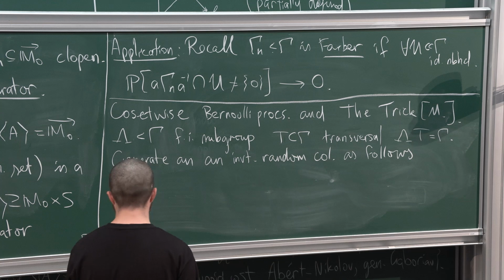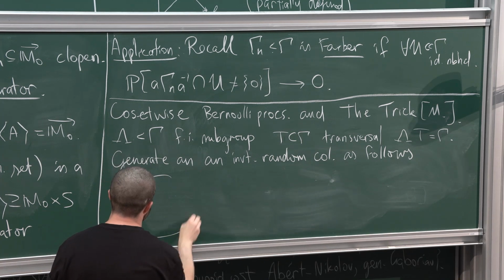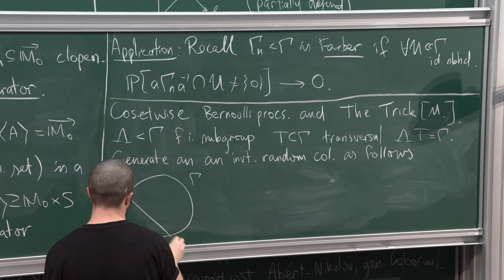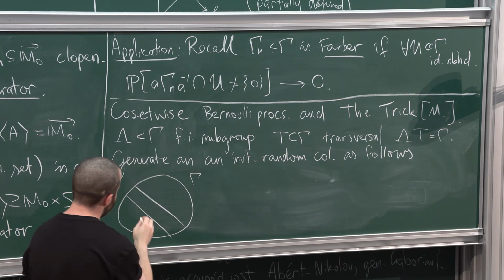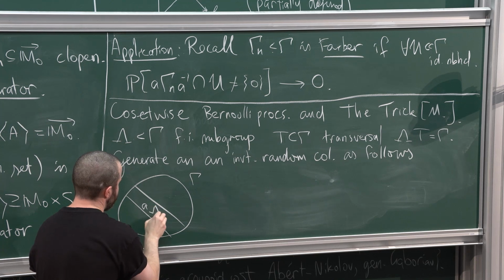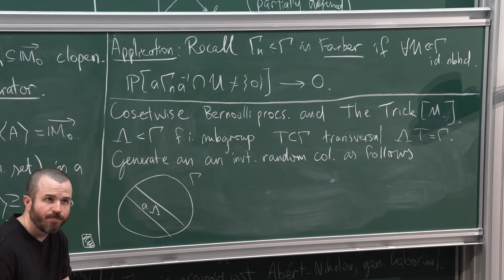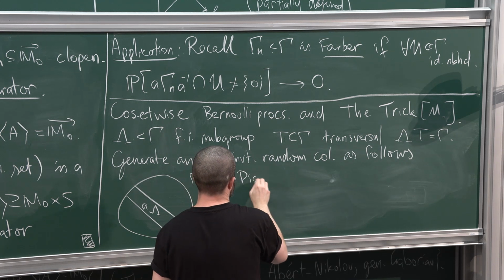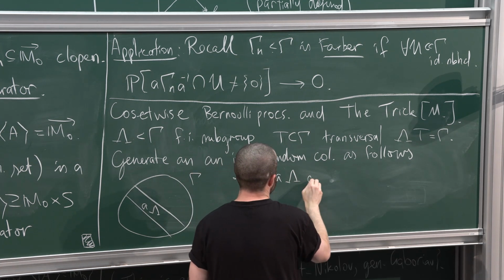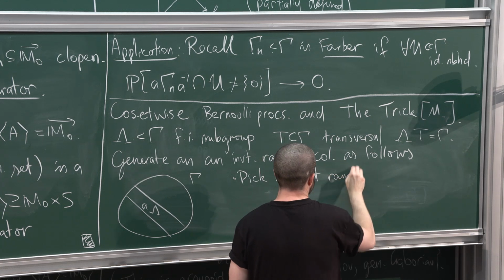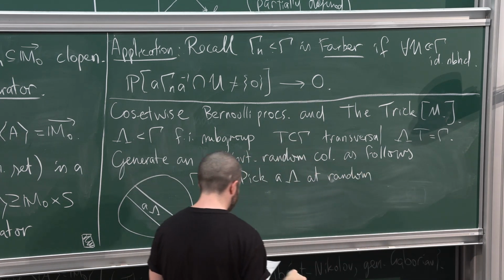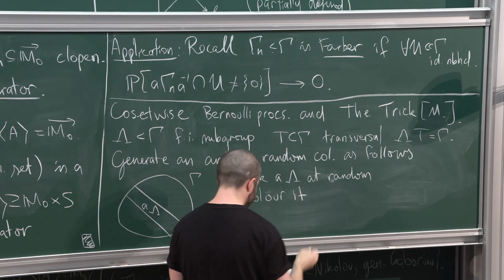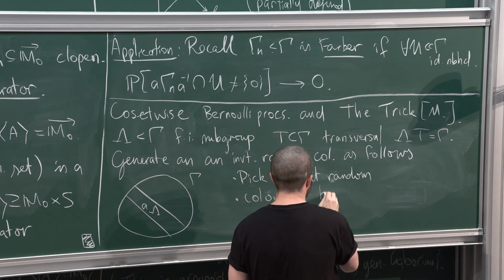So this is the picture of my group. It's this potato. And I can pick one coset of lambda at random. But now we need to color it. Color it by what?